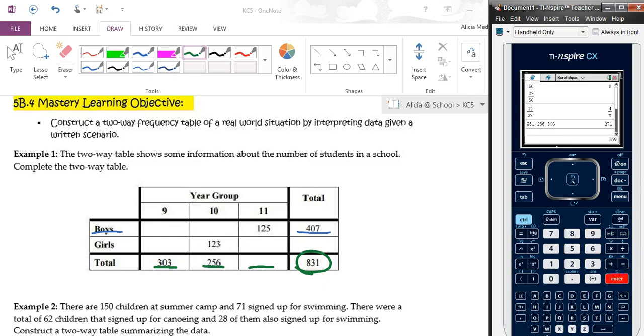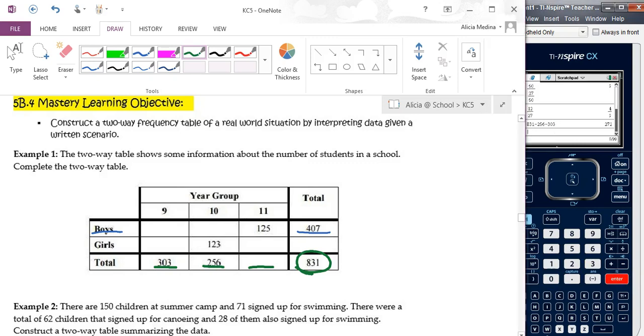That should give me how many juniors there are, and that's going to be 272.